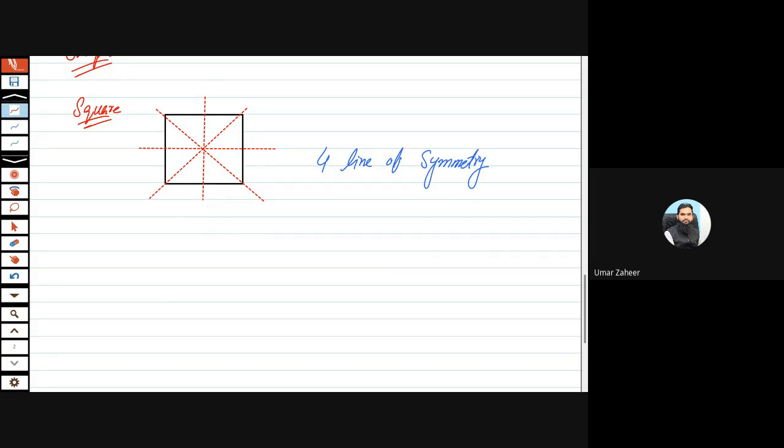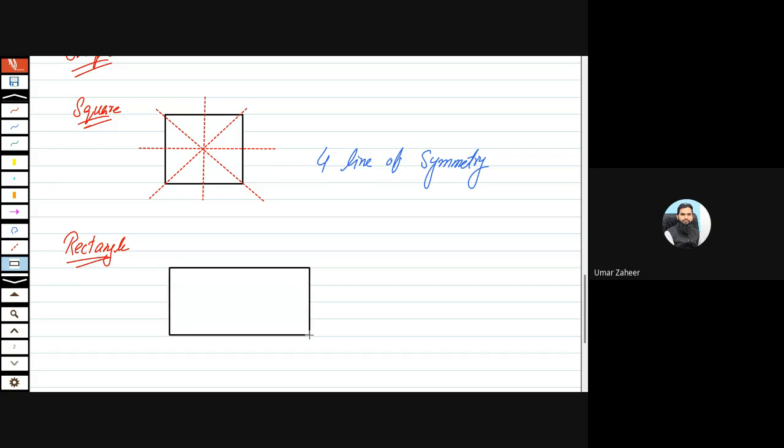Yes, what is the next shape? Tell me, the rectangle. So we have to draw a rectangle here. How many lines of symmetry are there? 4. Tell me which are they?